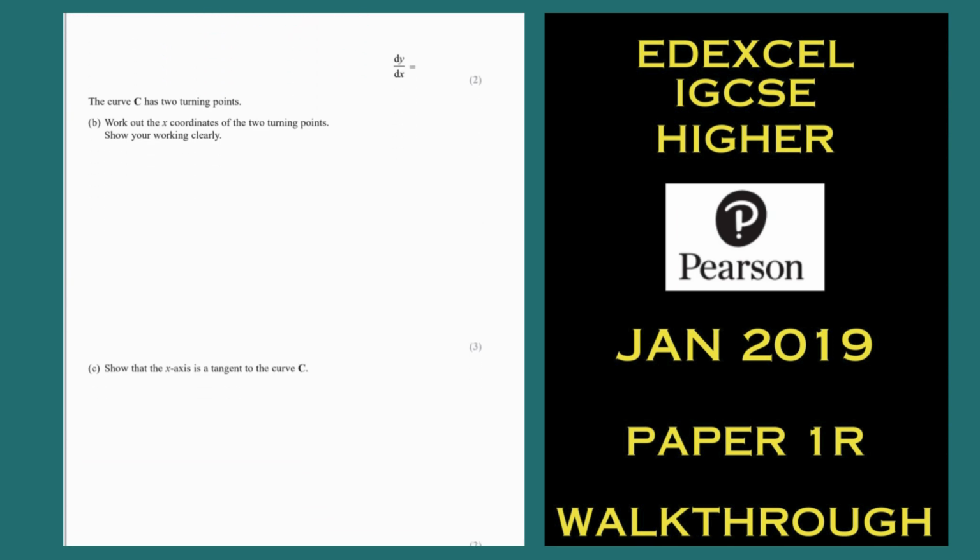On we go. So work out the coordinates of the 2 turning points. Now, turning points is another name for maximum and minimum. And the key bit that happens at a max or a min is that the gradient, in other words, the gradient function equals 0.